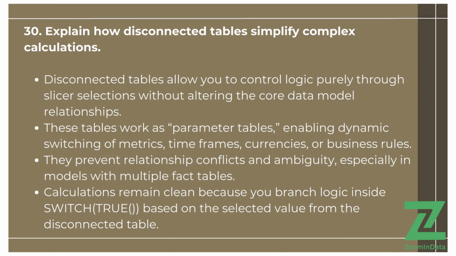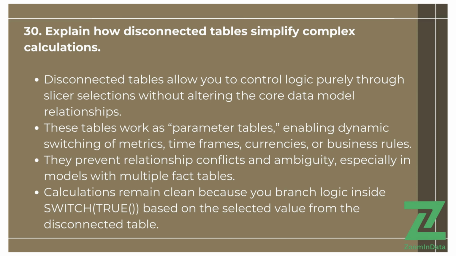30th question. Explain how disconnected tables simplify complex calculations. Disconnected tables allow you to control logic purely through slicer selections without altering the core data model relationships. These tables work as parameter tables, enabling dynamic switching of metrics, time frames, currencies, or business rules.